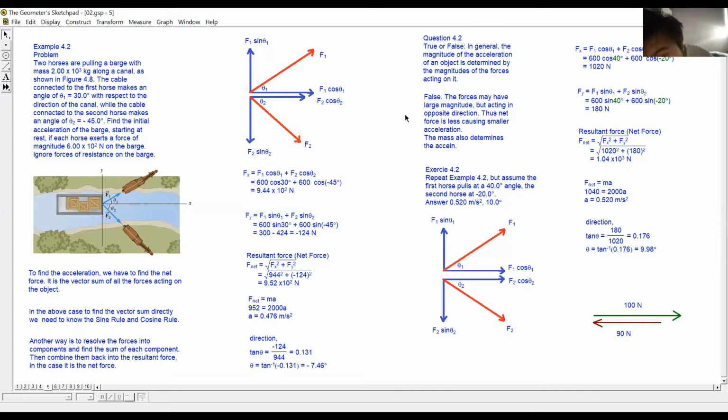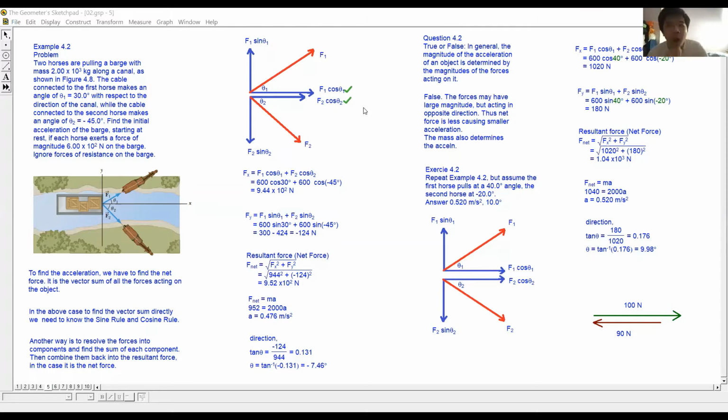So I try to add them up. The two that are in the same direction are these two: F1 cos theta 1 and F2 cos theta 2.